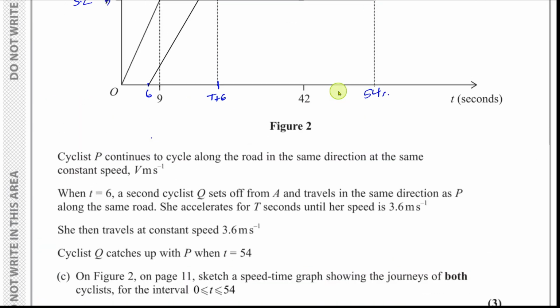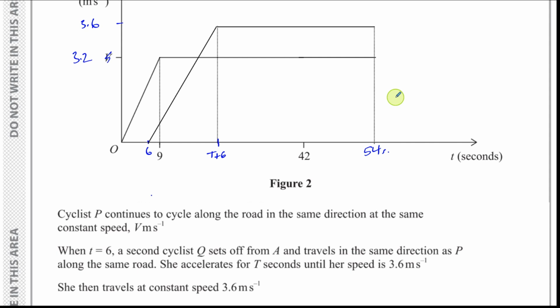So how are we going to find the value of t? Okay, so we have cyclist P and cyclist Q. Cyclist P is represented by this smaller graph and Q by the higher graph.